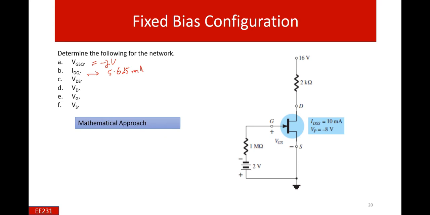And how to find the VDS? Again, this is the loop, and this is VDD, which is 16 volt.